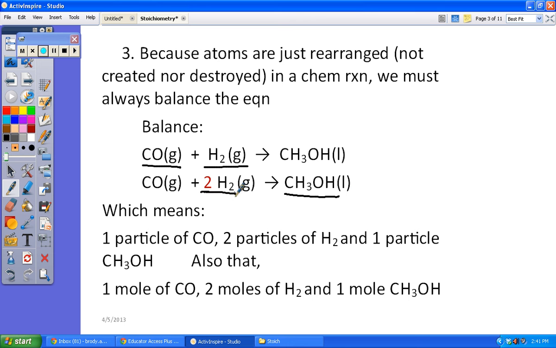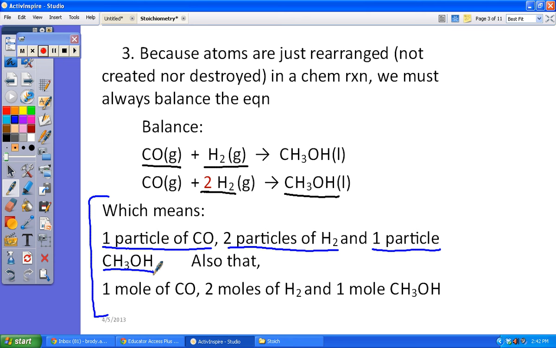What is meant by this entire chemical equation is a really important concept to understand and memorize. One particle of carbon monoxide reacts with 2 particles of hydrogen, H2, and that creates 1 particle, or 1 molecule, of CH3OH.